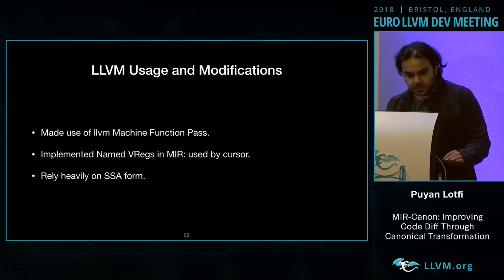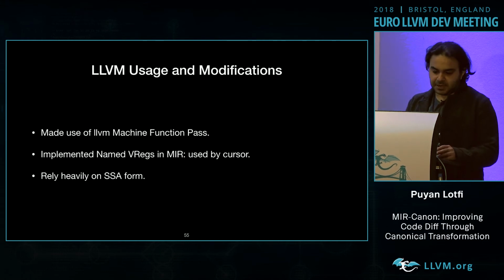So the usage of LLVM that I made was mainly, I implemented all of this with a machine function pass, relied really heavily on SSA for the def use walk and for the def use distance reduction.